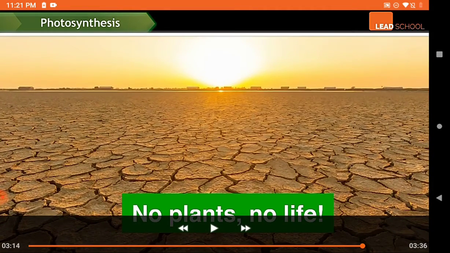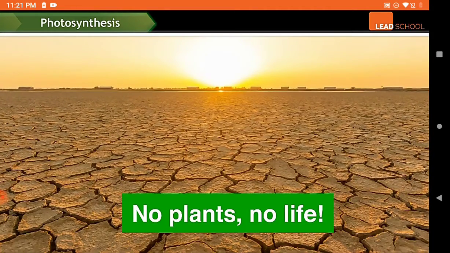So students, we know that every living being depends directly or indirectly on plants for food. For example, humans depend on plants for food, and various types of animals eat other animals, and those animals depend on plants.